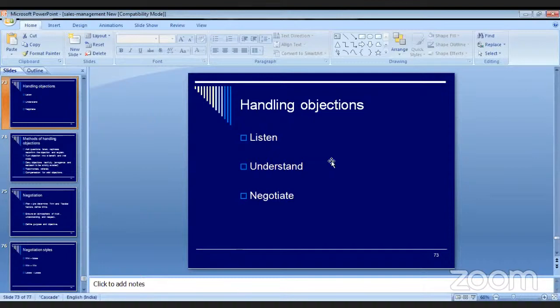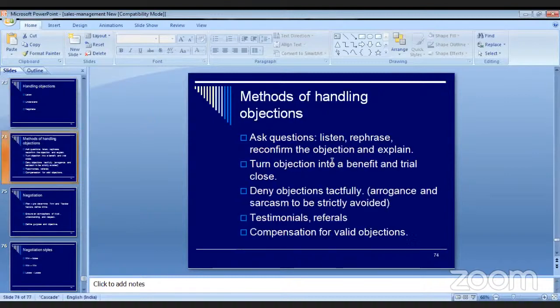So you have to listen carefully, understand the customer, and then negotiate, convince, try to motivate, and try to sort out the problem considering different matters. These are the important aspects.